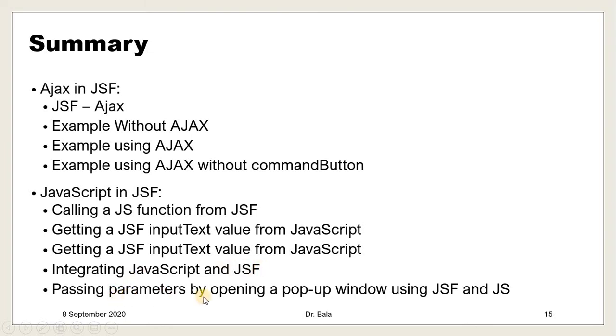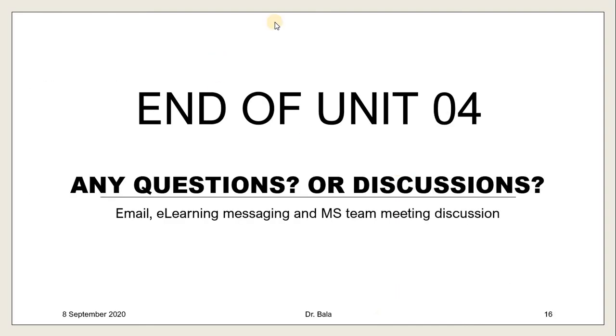The last one is passing a parameter by opening a pop-up window using JSF and JavaScript. So how a pop-up window can be used in JavaScript, and connected to a JSF application. These are all about Unit 4.